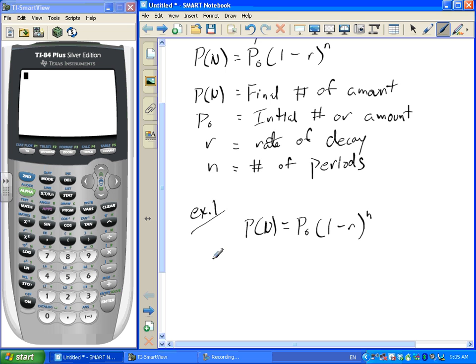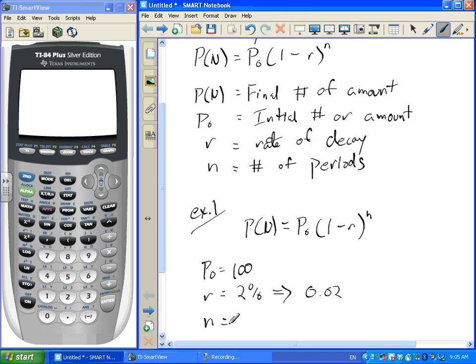So we're trying to solve for our P at N. We need to know how much light there is 23 meters below the surface of the water. We know the initial value of light is going to be 100%. The rate of decay, we found out, was 2%, which we need to turn into a decimal. So that is 0.02 when we go to plug it in. And the number of periods.